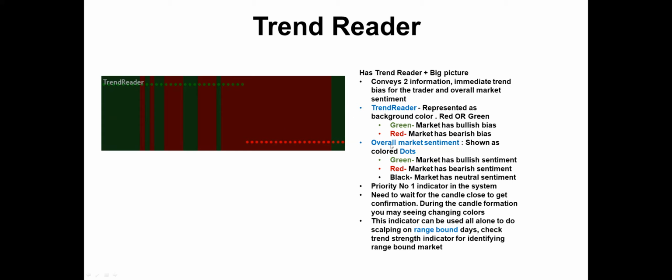And coming to the overall market sentiment, that is big picture. If you see these dots, these are not single dots. It has been calculated from many things to get into these dots. For a selected instrument, if it's an index, we are concentrating on the index constituents' parameters like VWAP, volume, and even the Dow, Nikkei, Hang Seng, and India VIX.